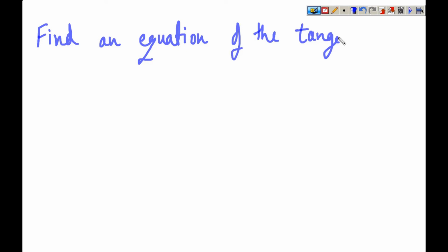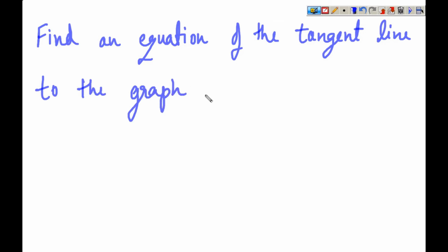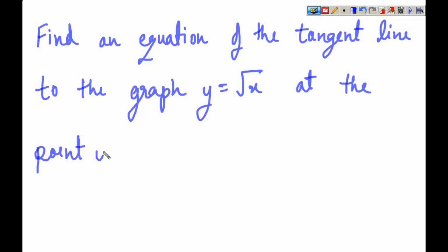Find an equation of the tangent line to the graph y equals under root x at the point where x is 9.